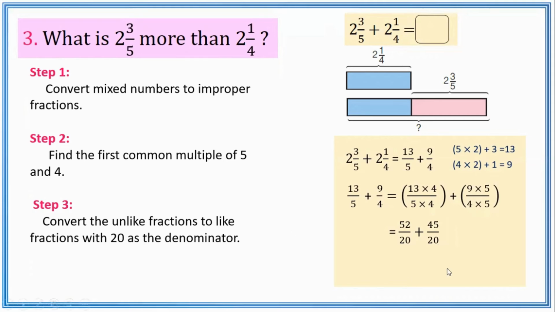So this is now a like fraction. And the last step is add the like fractions. So 52 out of 20 plus 45 out of 20 is equal to 97 out of 20, or 4 and 17 out of 20.